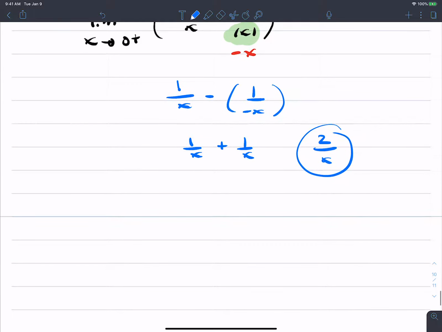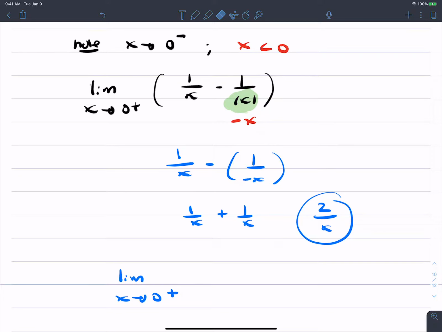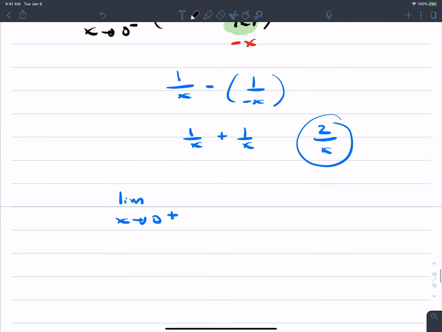So this limit, as x goes to 0 from the left, negative values of x, is really 2 over x. Okay, we have to find what this limit is.